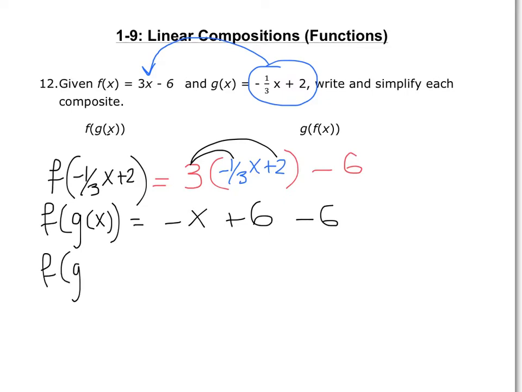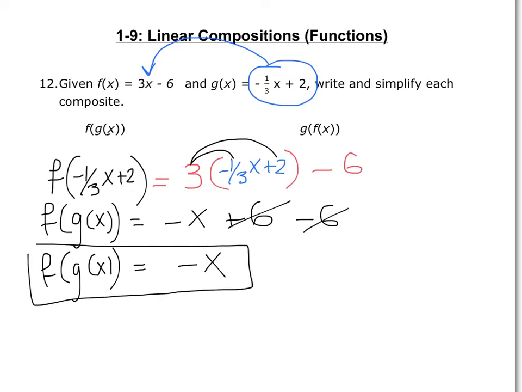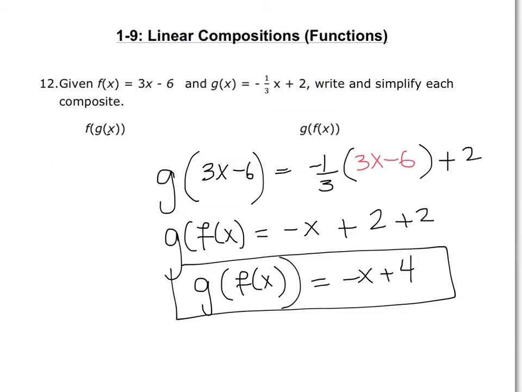Now let's move on to the third step. Plus 6 and negative 6 cancel out. So as you can see, f of g of x is negative x. Now go ahead and try the other one on your own. Please pause the video. Now as you can see, g of f of x is negative x plus 4.